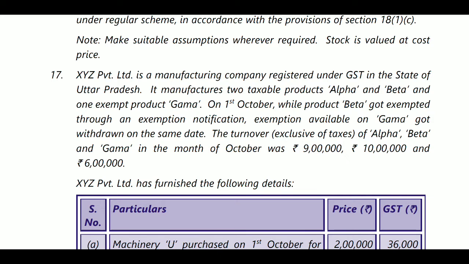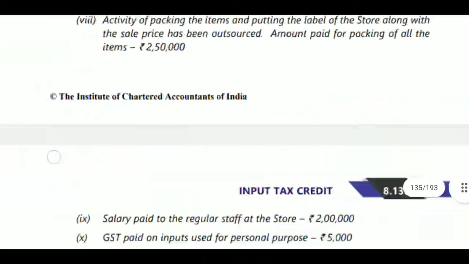Beta will become exempted, so no tax will arise. Gamma is 6 lakhs, 6 lakhs into 18%, 1,08,000. So total output liability will be 2,70,000. From 2,70,000, the credit available, 99,000, is deducted, and whatever common credit we got, that amount will be deducted. After that we will pay the amount through the electronic cash ledger.